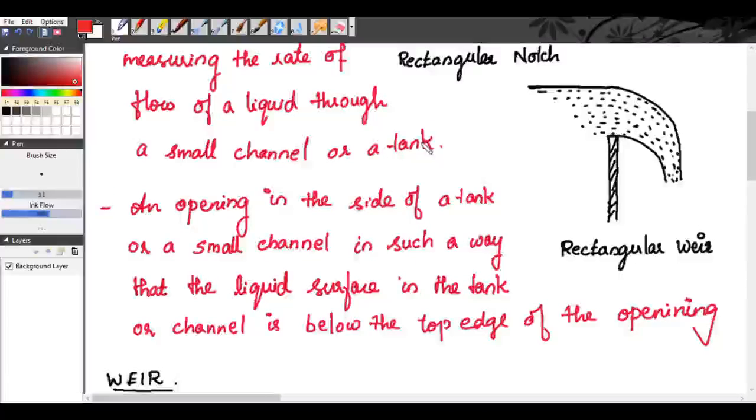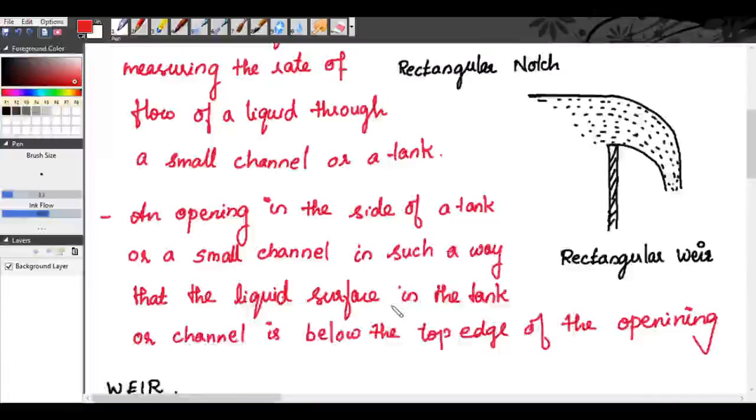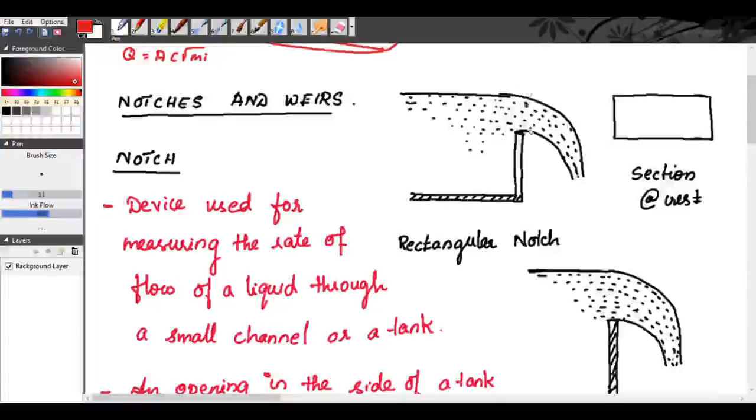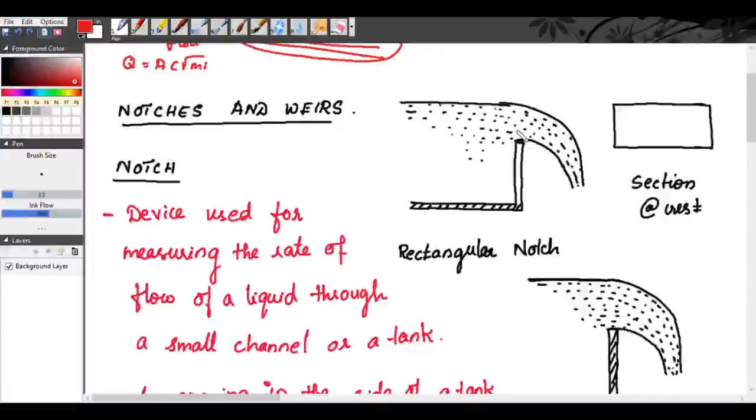The notch can also be defined as an opening in the side of a tank or a small channel in such a way that the liquid surface in the tank or channel is below the top edge of the opening. So this opening helps for the flow of water.